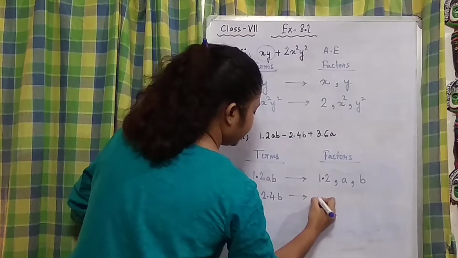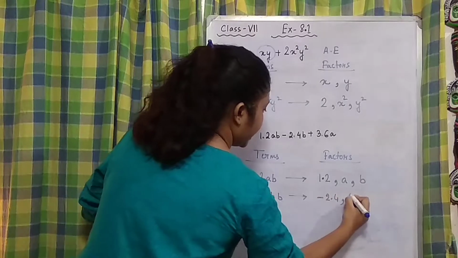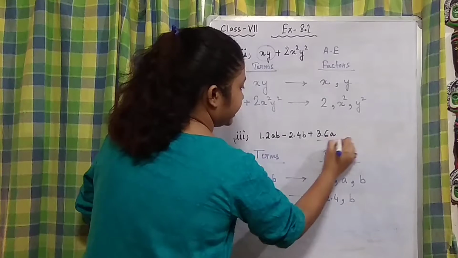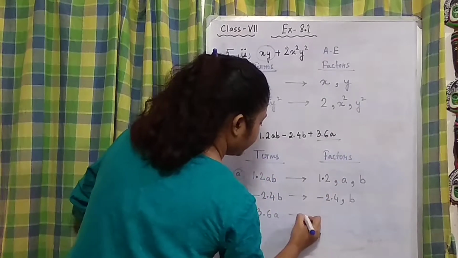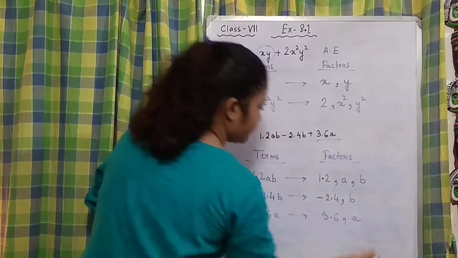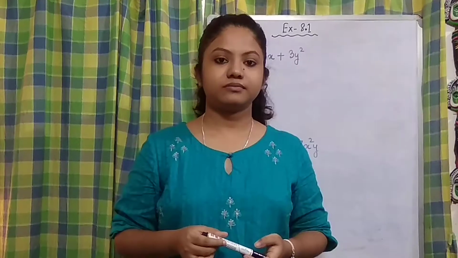So from here, what are we going to get? Minus 2.4 and b. Number c, that is 3.6 a. From here we are going to get 3.6 and a. Okay. So this is how we are going to deal with this.